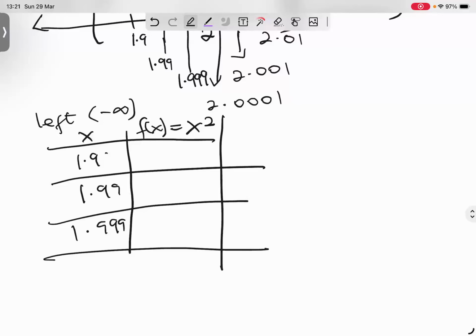All right, let me get a calculator. So when x is equal to 1.9, f of x is equal to 1.9 squared, that would be 3.61.